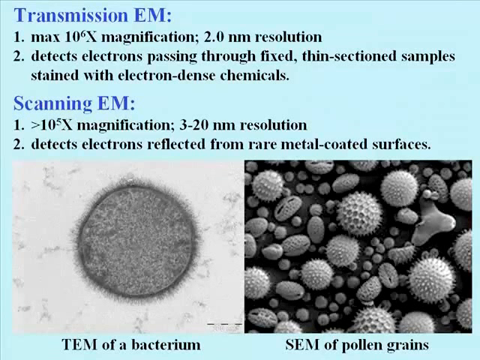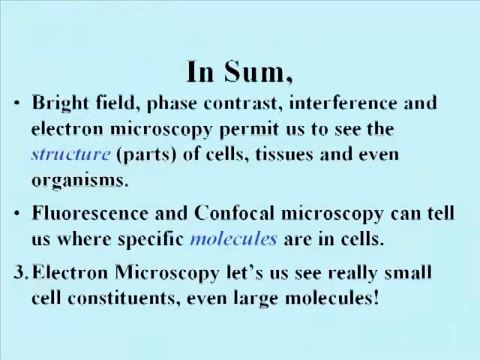You can Google scanning electron microscopy and see lots of examples of SEM images from very small things to very large things. To summarize, bright field and phase or interference contrast microscopy let us see the structures of and in cells. Fluorescence microscopy lets us associate specific molecules with structures, and confocal microscopy, a form of fluorescence microscopy, lets us see structures and locations of specific molecules in the context of a three-dimensional view of the entire cell or tissue or organism.